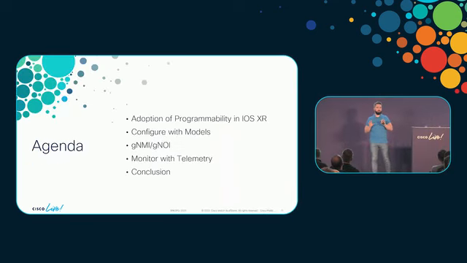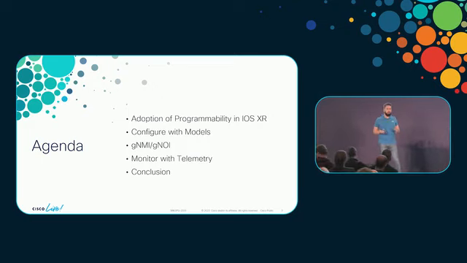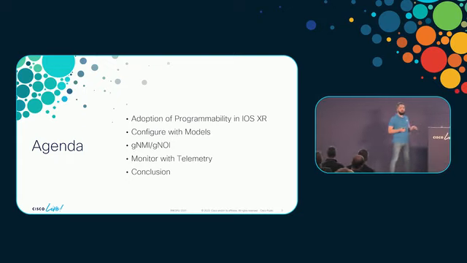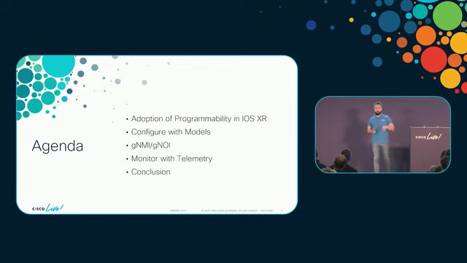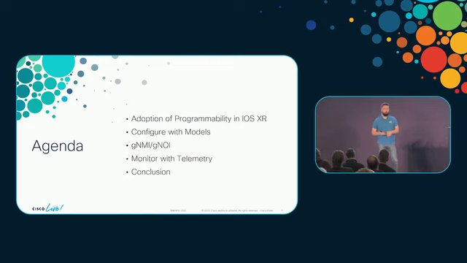If we take a look at the agenda, we will start with adoption of IOS XR programmability, where we are right now, what's happening, what our investment priorities are in this area, and technologies we are looking into. Then we will talk about the type of models we support right now in IOS XR.